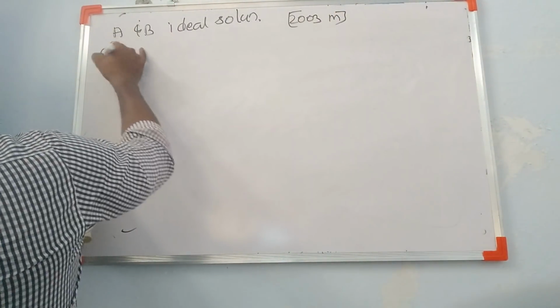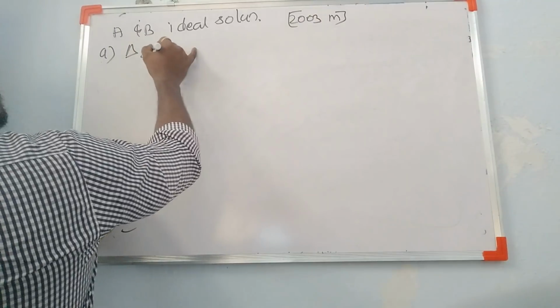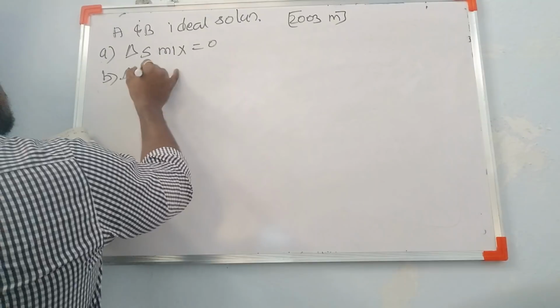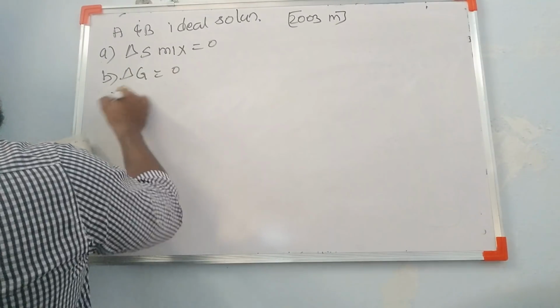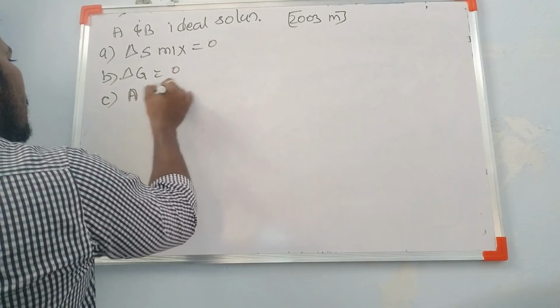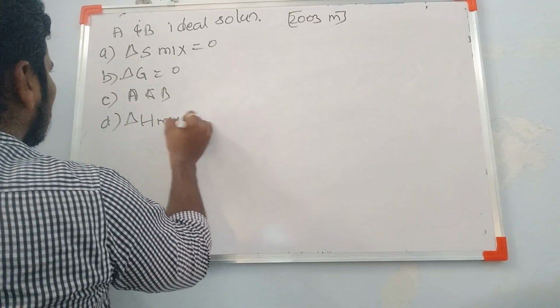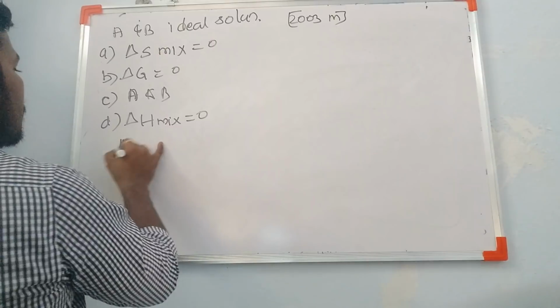The options given: entropy of mixing is equal to 0, Gibbs free energy of mixing is equal to 0, C is both A and B, option D is delta H mix is equal to 0, delta V mix is equal to 0.